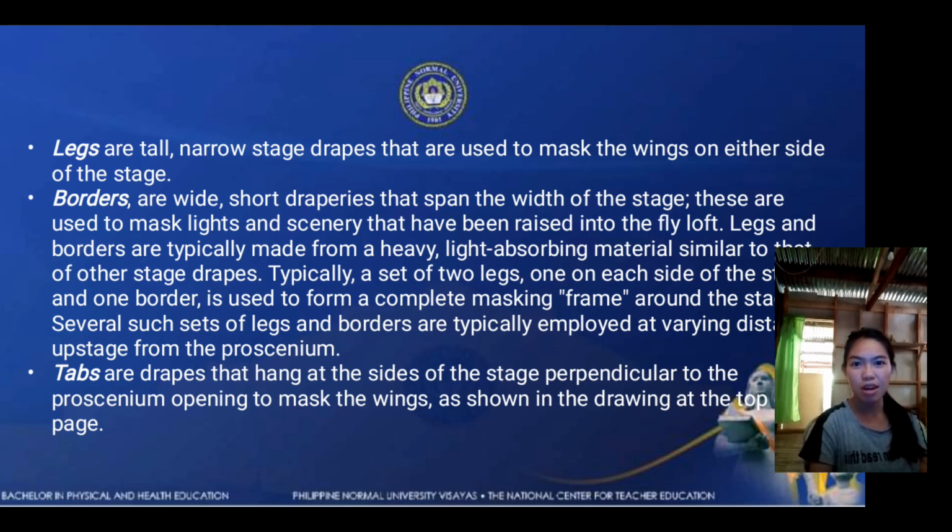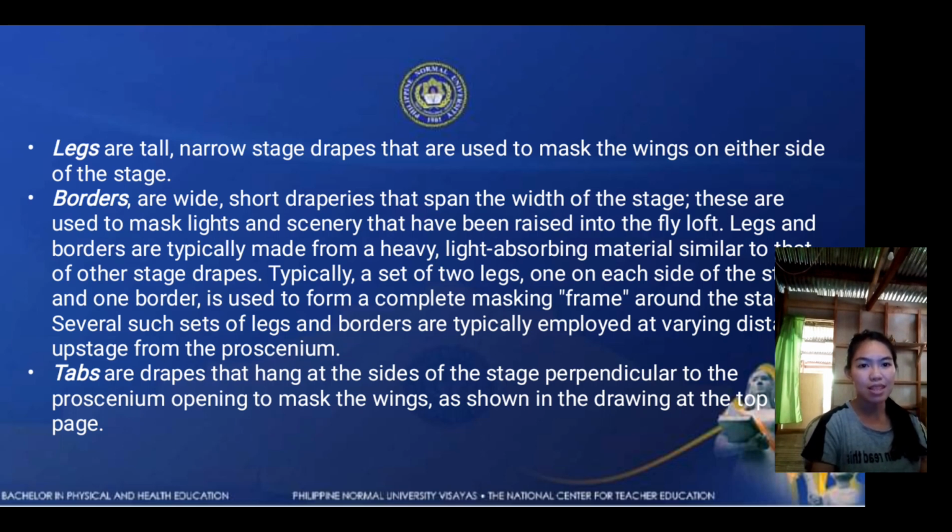Legs and borders are typically made from a heavy, light-absorbing material similar to that of other stage drapes. Typically, a set of two legs, one on each side of the stage, and one border is used to form a complete masking frame around the stage. Several such sets of legs and borders are typically employed at varying distances upstage from the proscenium. So legs and borders vary depending on the type of stage.